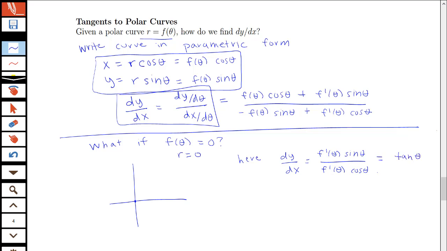Okay, we can cancel the f prime of theta over the f prime of theta here, as long as our f prime of theta is not 0, right? So as long as we're not going to have some issue with dividing by 0, that can just simplify to tangent of theta. Okay, so what is the meaning of this? Well, in the case that f of theta equals 0, our dy dx here represents the slope of the tangent line to the curve at the pole.